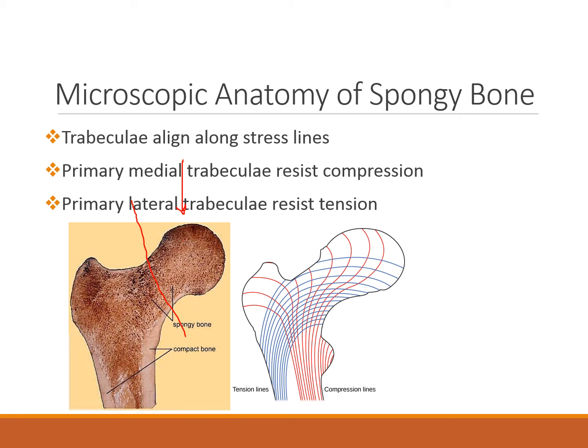Primary medial trabeculae align themselves in this direction to try to resist that stress that's being put on the femur by the hip bone. Primary lateral trabeculae align themselves in this direction to resist compression and compressive forces.